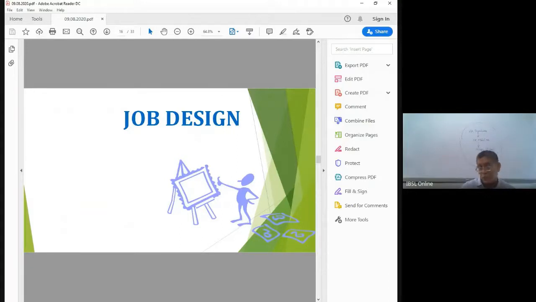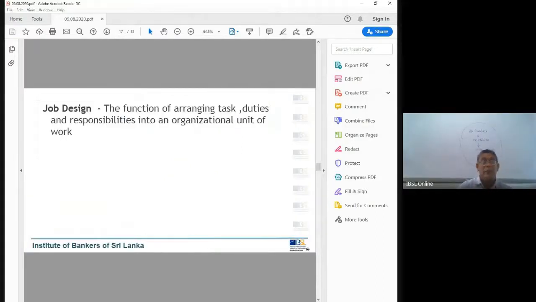So therefore, remember, organizations are designing jobs. That is what you call job design. Before that, you can write under that slide, what is a job?